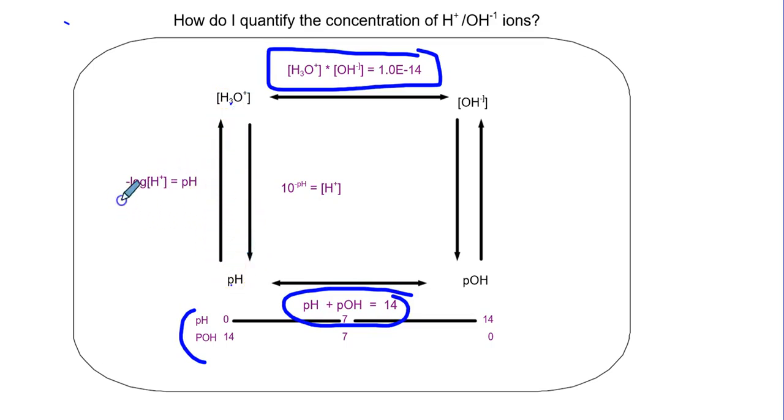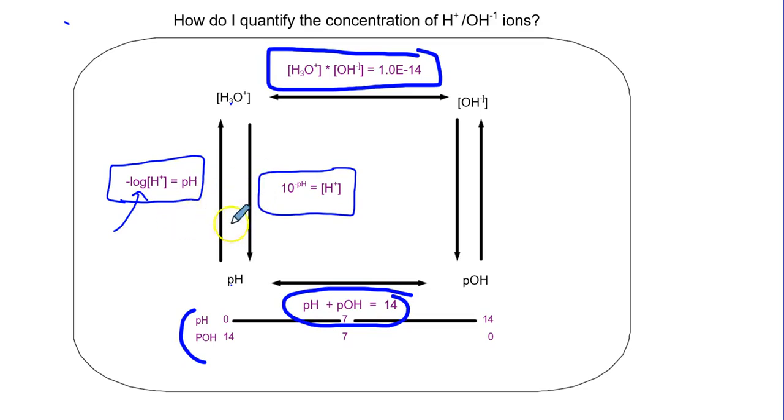We have this formula here and this formula here. Now this is where you're really starting to see this is an exponential scale. That is that log, and that means it's an exponential relationship. We're not going to go into it too much at this point, but you should be aware that's what it is.